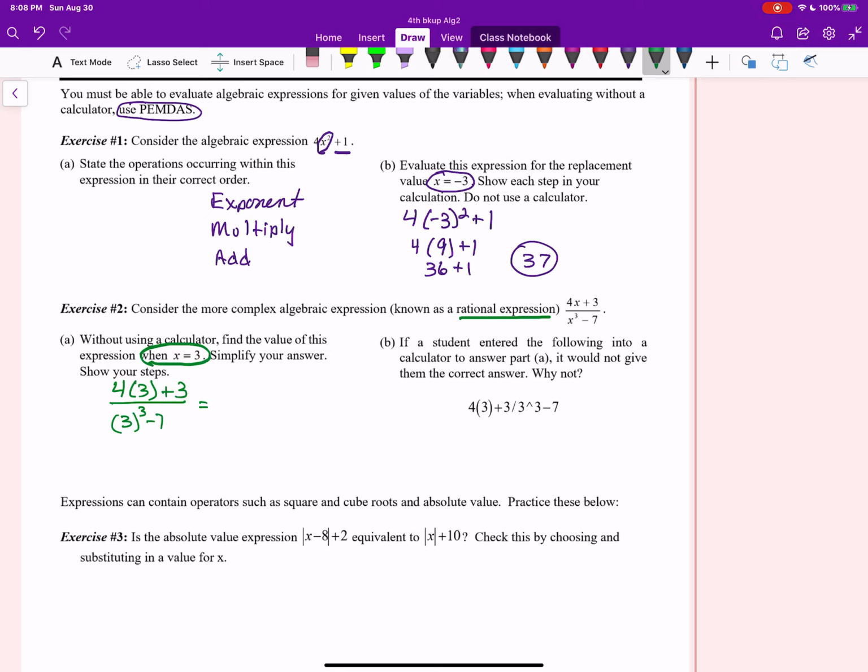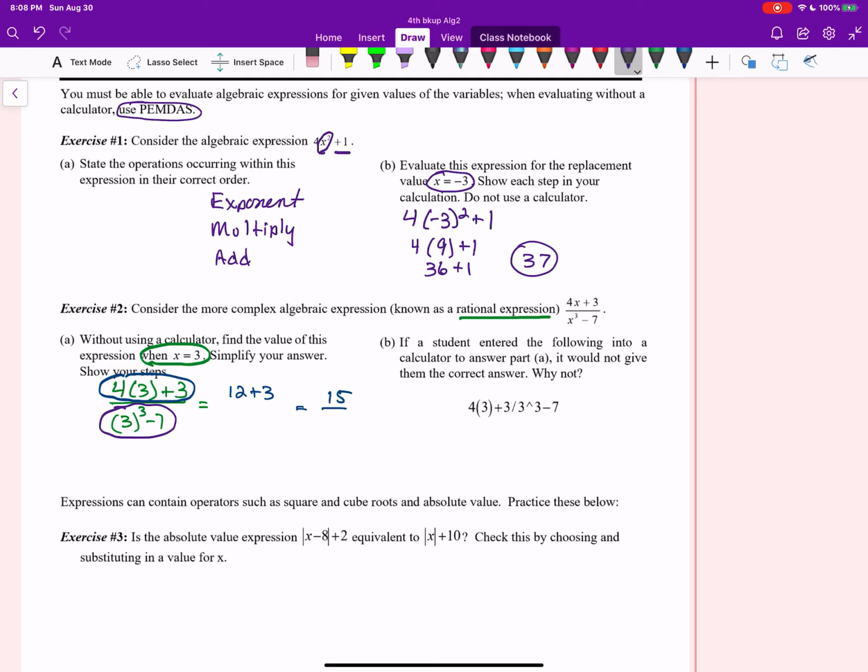So since this is a fraction, what we do is we simplify the numerator and then we simplify the denominator. And then we divide the two. Okay, so simplifying the numerator, 4 times 3 is 12, and 12 plus 3 is 15.